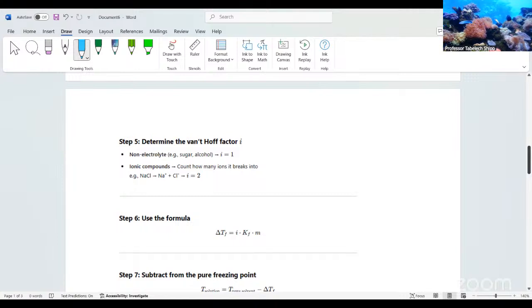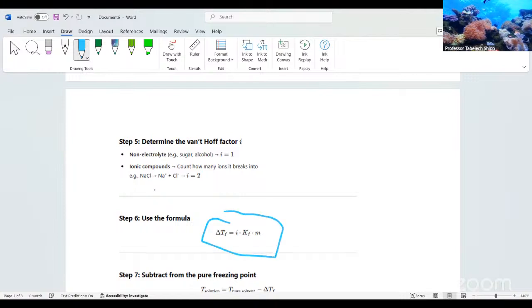And then finally, you're going to use this formula here. And guess what? This formula is similar to the formula for boiling point. This is the freezing point depression, but for the other one that's just like this, you replace the F with the B for boiling point. Same thing.